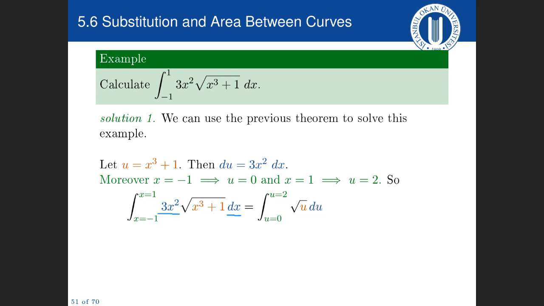Three x squared dx, we replace by du. And then in green, we have the limits of integration. The lower limit, x equal to -1, is the same as u equal to 0. And the upper limit, x equal to 1, is the same as u equal to 2.